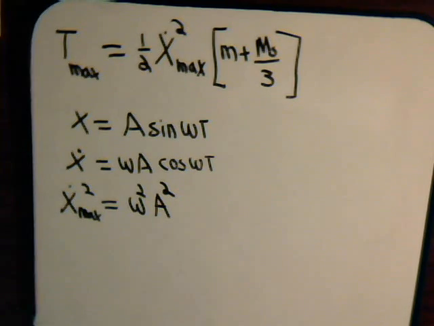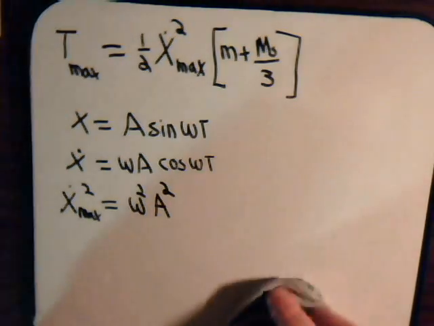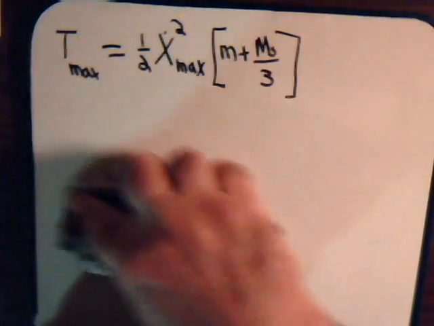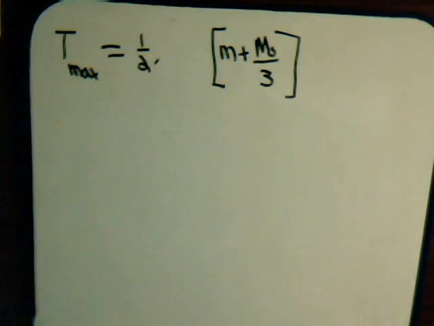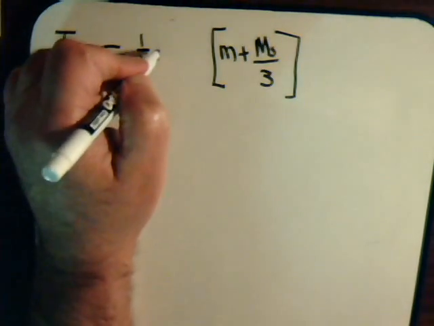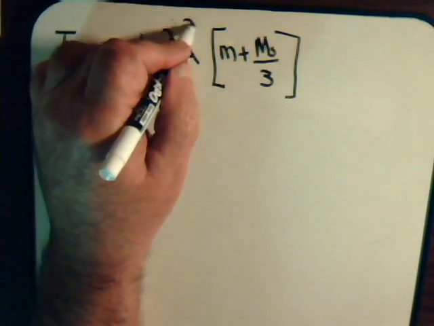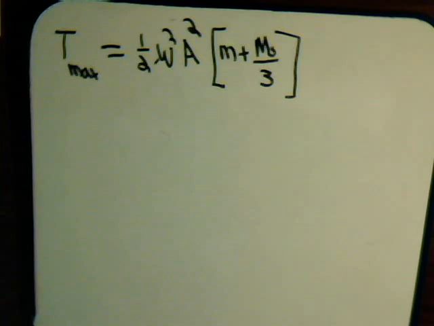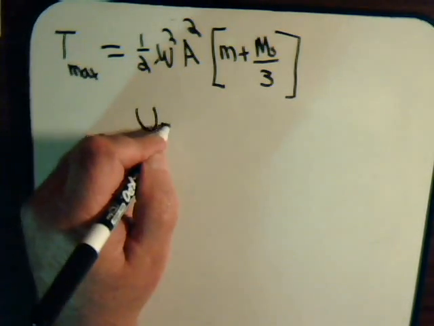So let's put that in there, omega squared a squared. So there is the maximum kinetic energy of the system, and we stated that that has to equal the maximum potential energy of the system.